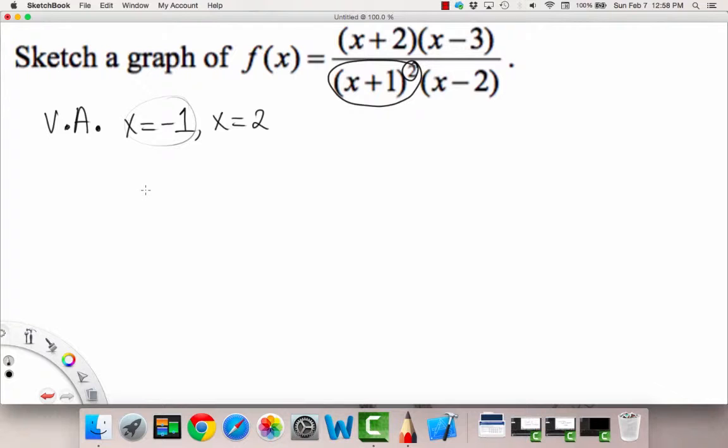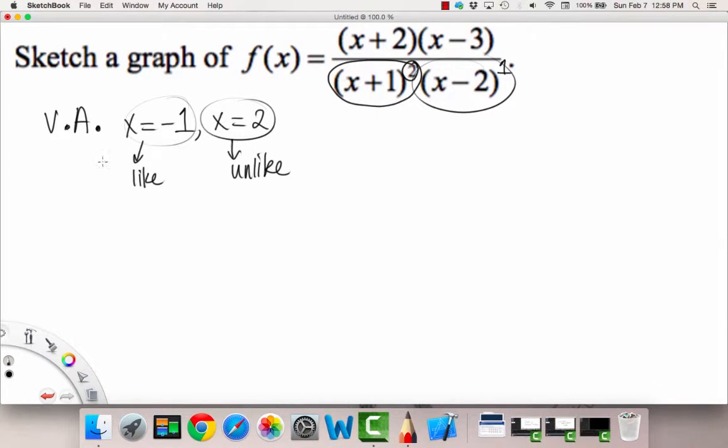So on both sides of this vertical asymptote, the graph is either approaching negative infinity, both sides, or both sides are approaching positive infinity. Okay, and we'll see as the problem goes along. And as for x equals 2, that's a power of 1, right? So we should have opposite behavior here. Okay, so I'll say like behavior and unlike behavior.